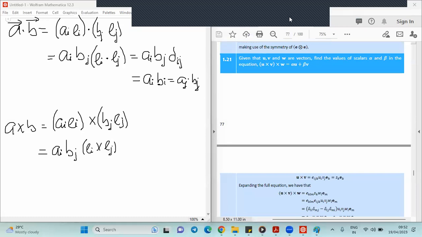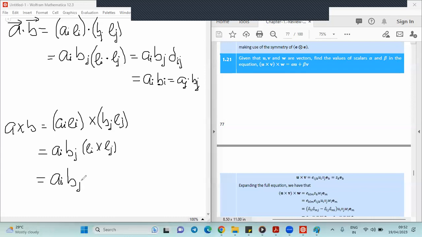Are we together? Basically, when you cross e_i and e_j, you get introduced to something called the Levi-Civita symbol. I think we would have heard about that before. So A_i B_j epsilon_ijk e_k, like that. This e_k here is a vector.